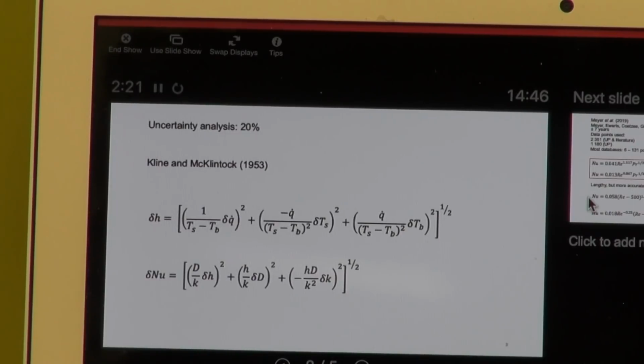So you end up in a situation where, let's suppose, you can measure the heat flux up to an accuracy of 5%, and your temperature difference has an accuracy of 1 degree Celsius, then your heat transfer uncertainties will be much higher than 5%. So that needs to be taken into consideration, as well as with the Reynolds numbers.